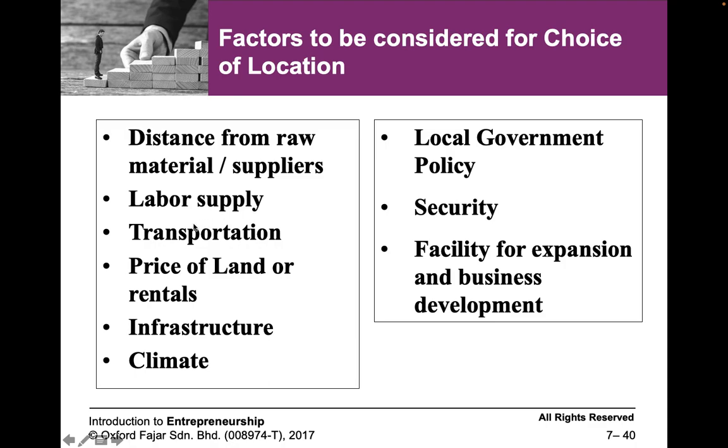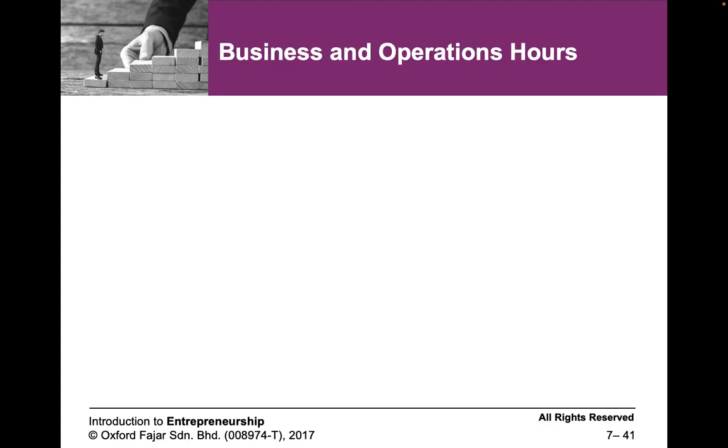And then transportation, the price of land or rental, the infrastructure, the climate, the legal policy, security, and also facility for expansion and business development. These are the factors that need to be considered by the business in order to choose the location.